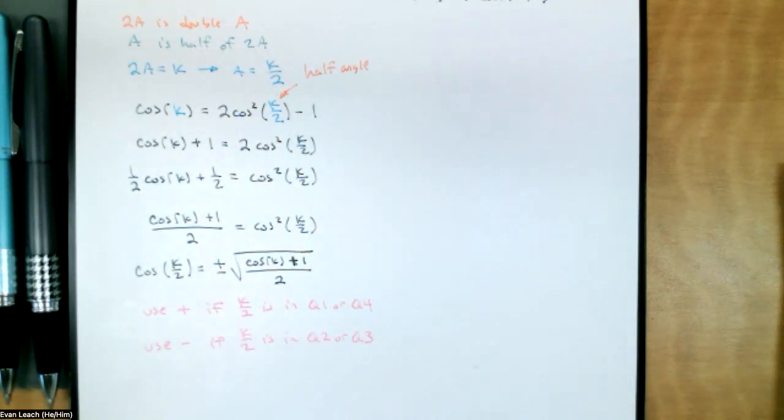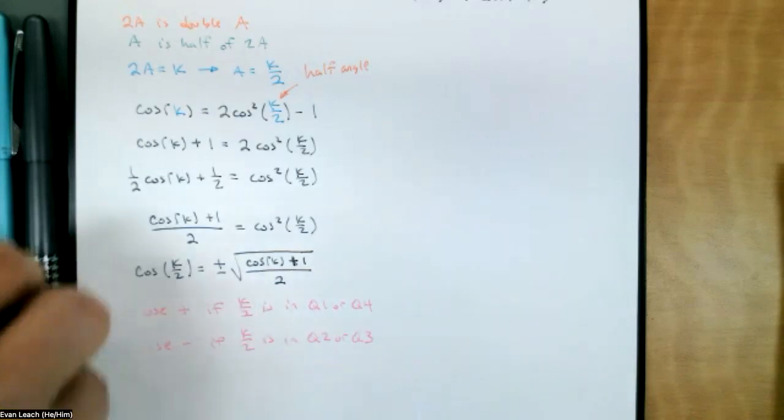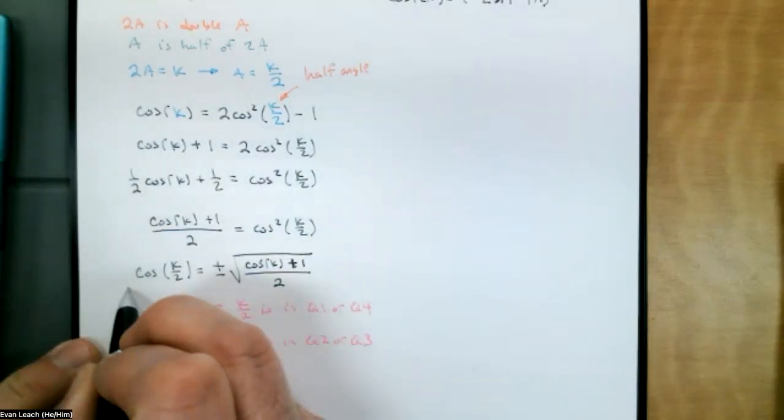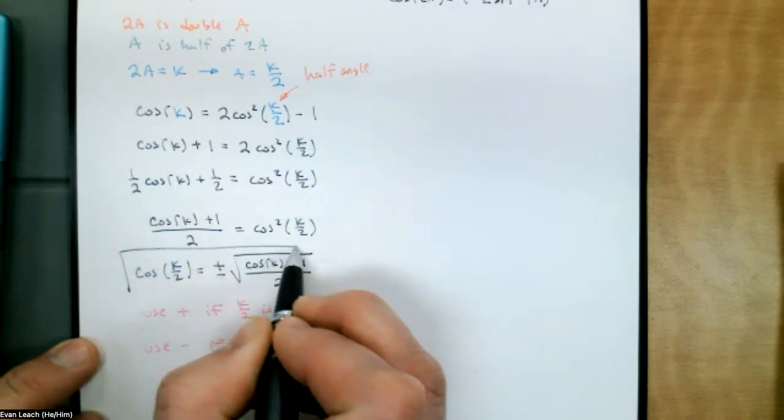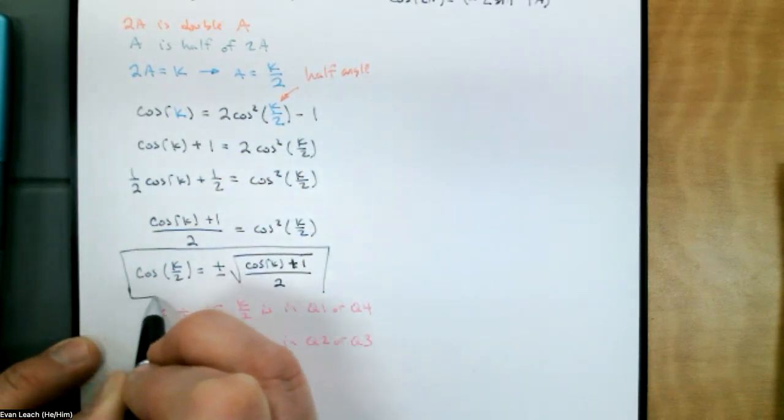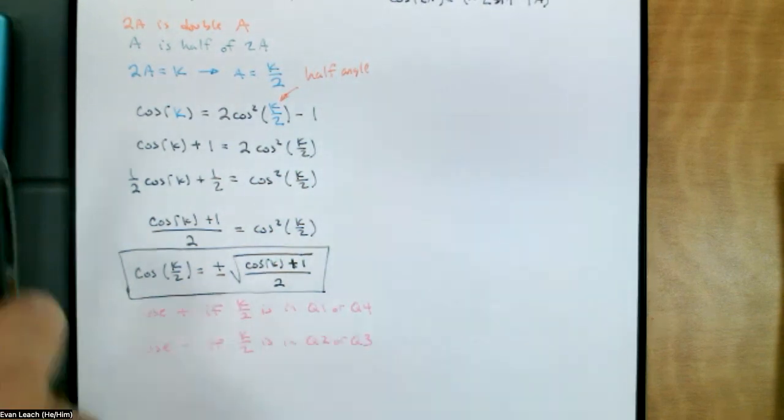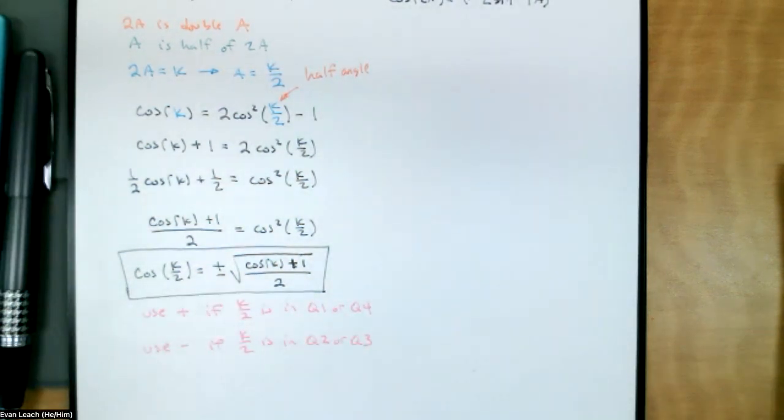So the half angle identity just comes from taking our double angle identity and reusing it for some other purpose.